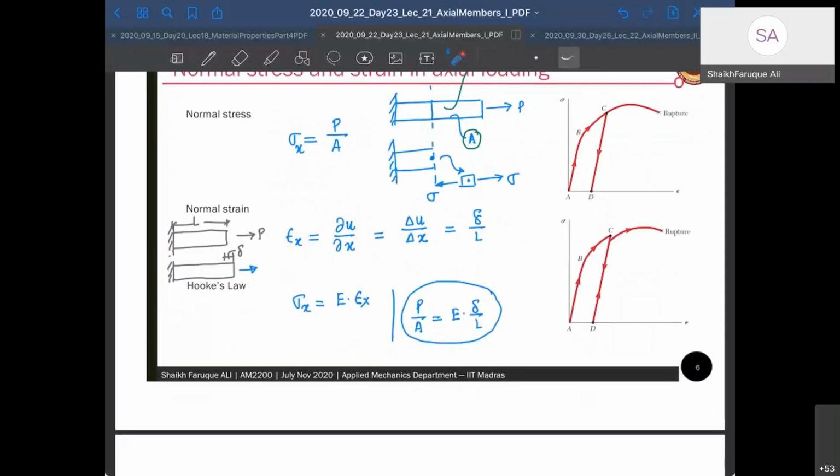For this kind of member, we can write it as del u by del x also, because u will change only linearly, and it's a prismatic bar, so it can be written as delta by L, at x equal to L.